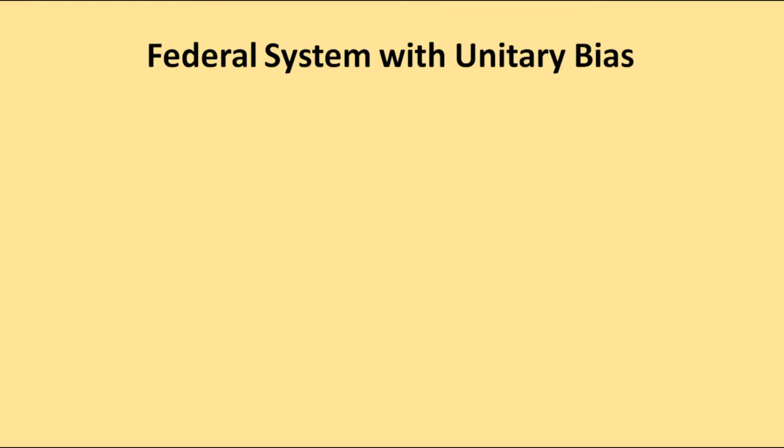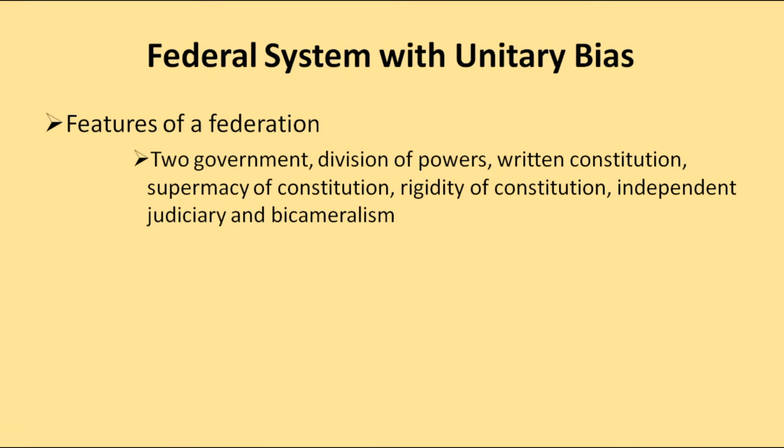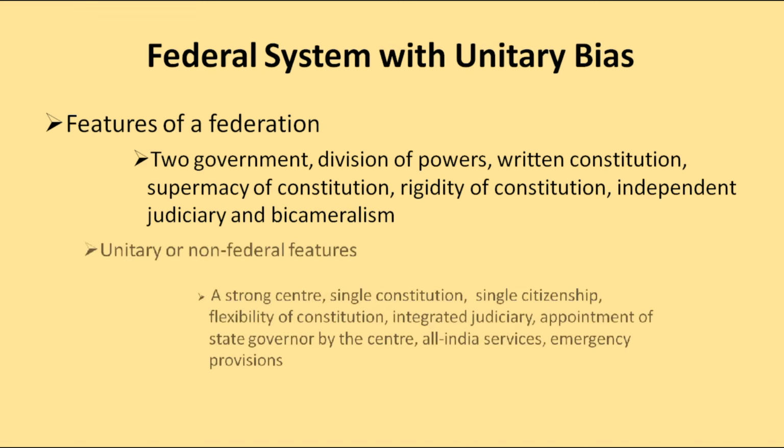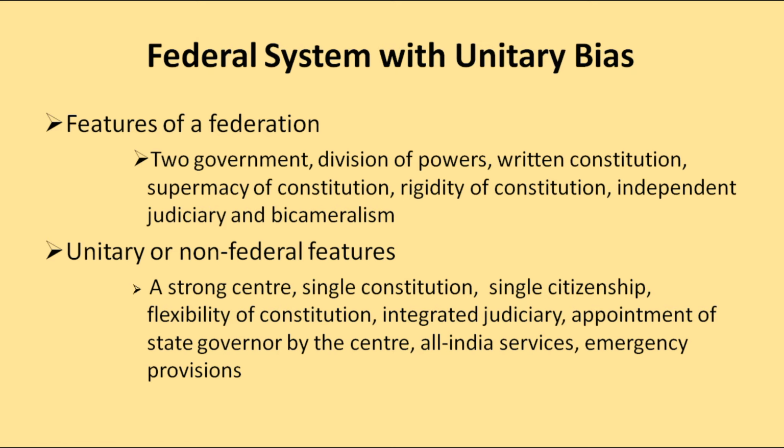Some federal features are two governments, division of powers, written constitution, supremacy of constitution, rigidity of constitution, independent judiciary and bicameralism, that is Lok Sabha and Rajya Sabha. Then some unitary features are a strong center, single constitution, single citizenship, flexibility of constitution, integrated judiciary, appointment of state governor by the center, all India services, emergency provisions.